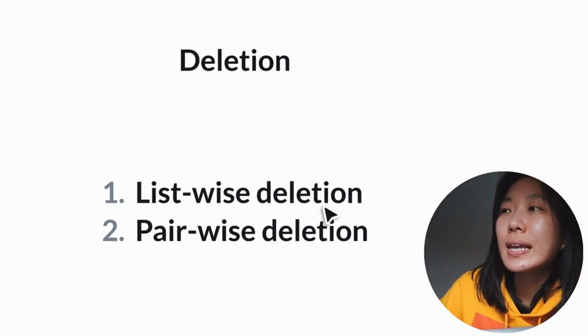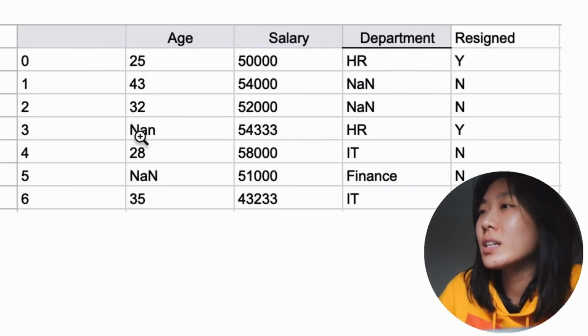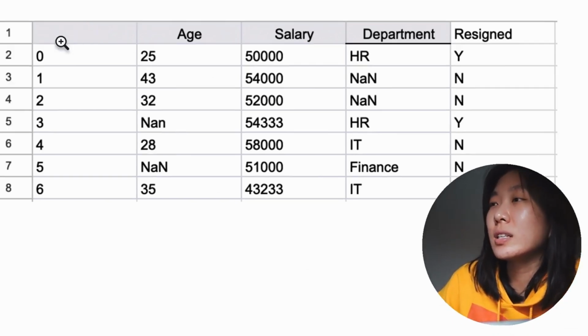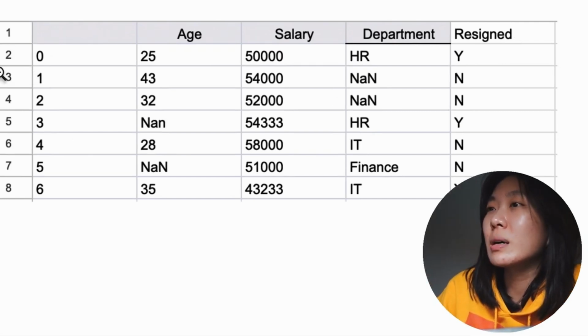The first one is listwise deletion. For example, I created this, and you have the missing data here. Well, it's not up to you, actually.